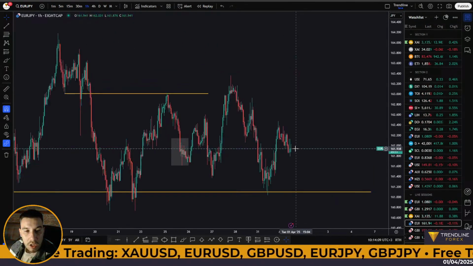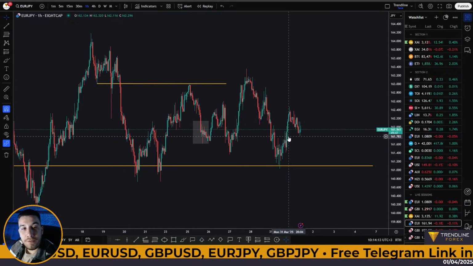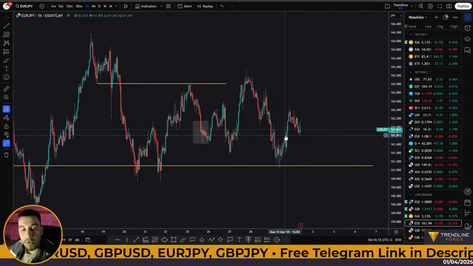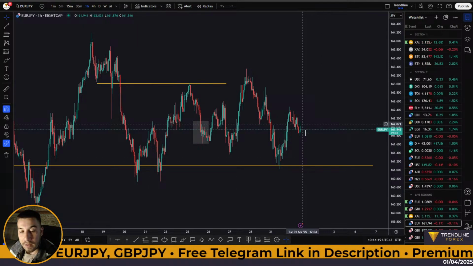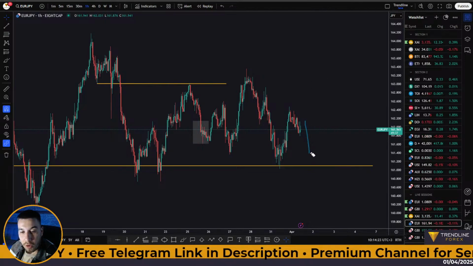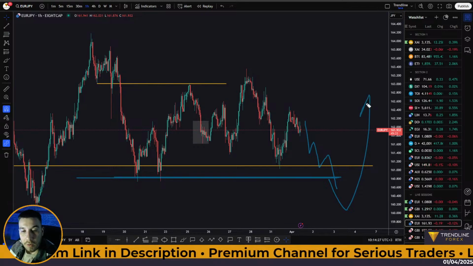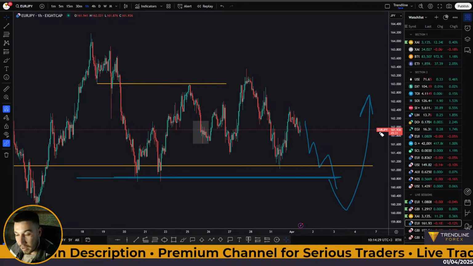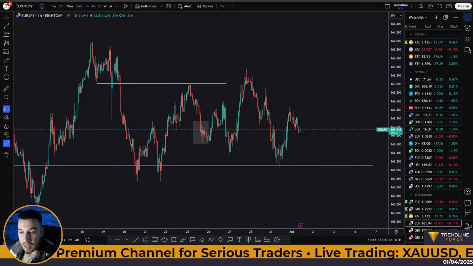This is what puts me off from looking for entries right now on the yen cross pairs. It doesn't mean I'm not going to be looking to buy once we do that, but I really want to see price action coming a little bit lower, taking out all that structure right here, and then going back to the upside. I am going to be a lot more confident with my trades if this happens.